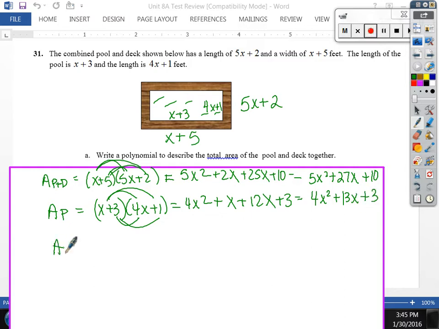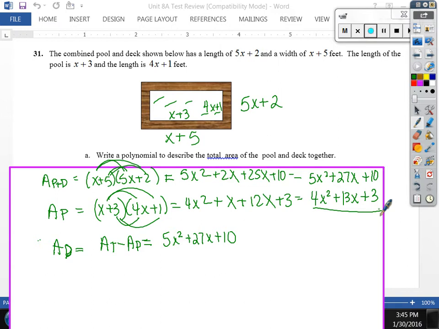So the area of the deck is going to be the total area minus the pool area, which is 5x squared plus 27x plus 10 minus this.